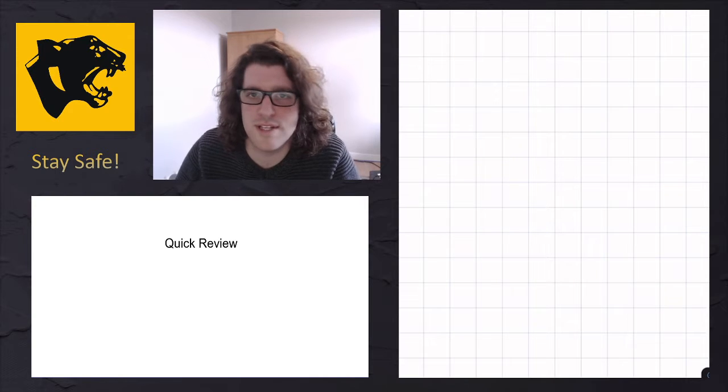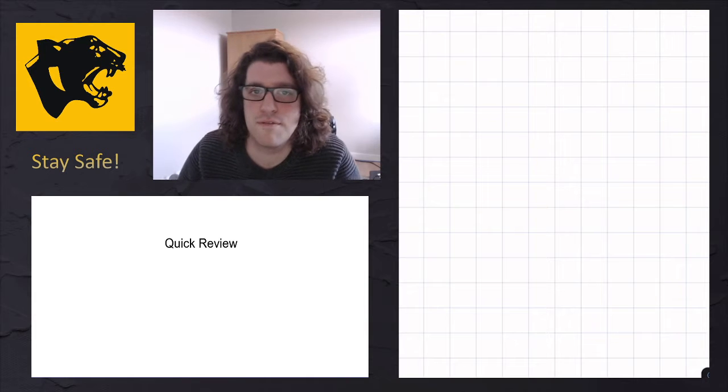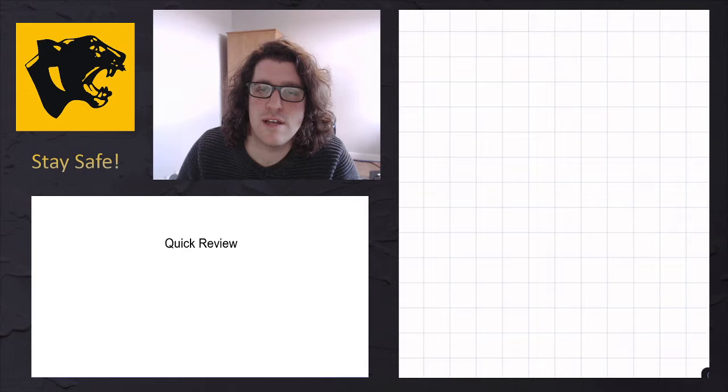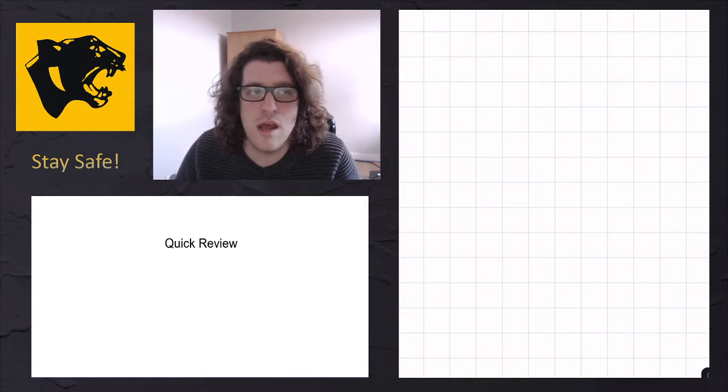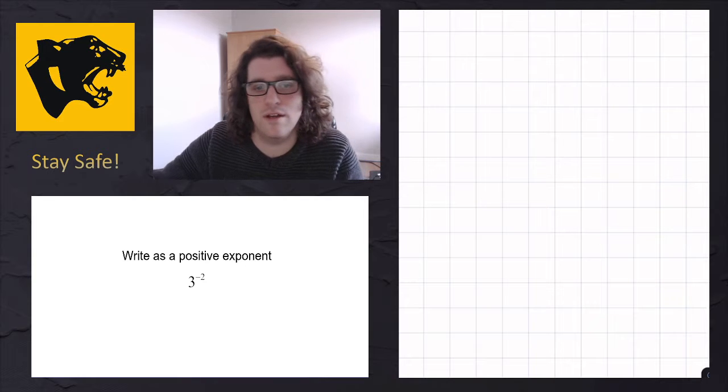So that kind of limits the ability to mess around with those too much. But if you want to take a look at those, there's some work available to you in sections previous to this one. So let's go ahead and do a quick review.